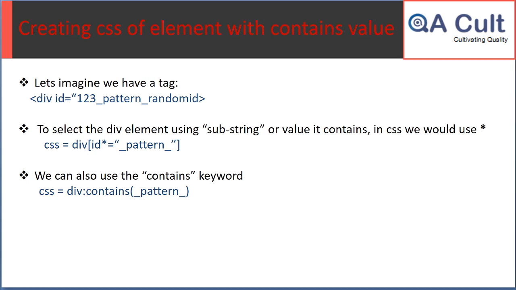So with the asterisk sign we can write id*="_pattern_" within double quotes or single quotes, that's your choice. And also for the contains word we can use the contains keyword and write the attribute value in round braces.